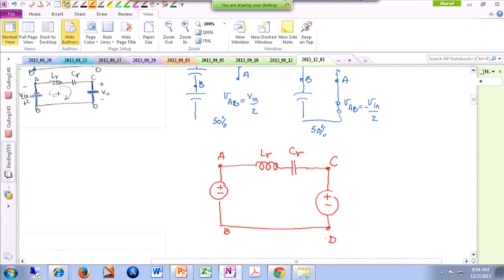All right. So from A to B, sometimes we have Vin over 2, sometimes we have negative Vin over 2. So if you look at this voltage source over here, it looks like this.